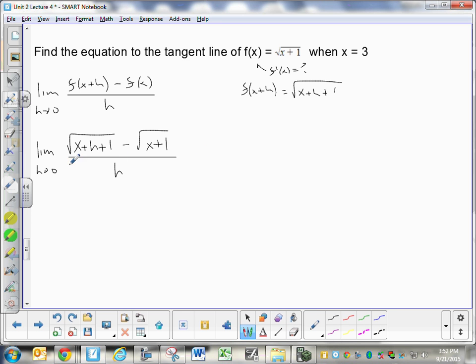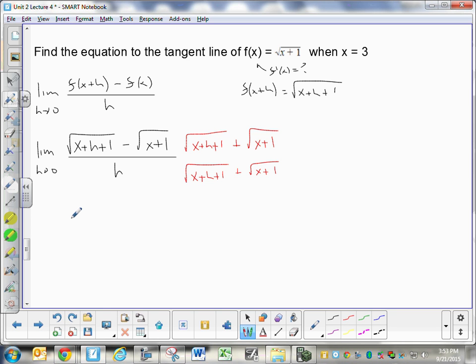And now we need to algebraically simplify this to find the limit, because I can't plug in 0; I'd get 0 over 0. So this is when we remember, if you see square roots and limits, multiply by the conjugate. That'd be root x plus h plus 1 plus root x plus 1. Okay, and now let's see what we get.